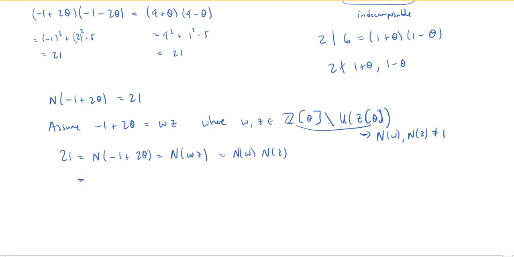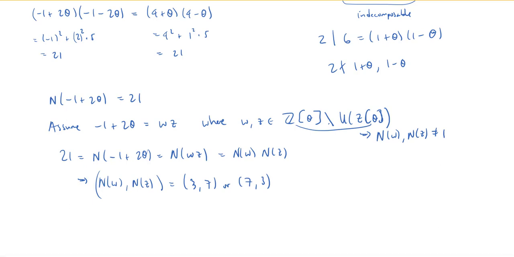So this implies that n of W, n of Z as a pair is equal to 3, 7, or 7, 3. It doesn't matter which one. Well, let's write down what the norm of, say, W is.